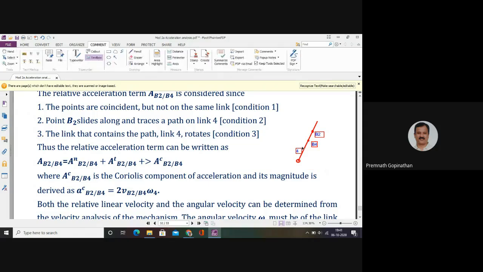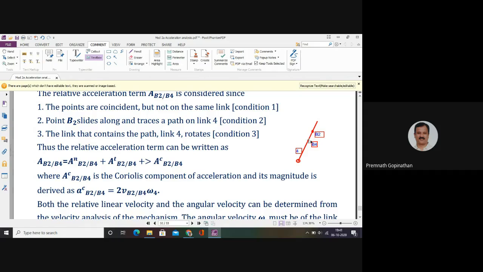What I'm trying to say is that B2 and B4 initially were at the same point, and after a fraction of a second, you can see B2 has been displaced from B4 by a certain distance. Now, initially, as in the previous cases, we try to identify the acceleration of B4 with respect to B2.